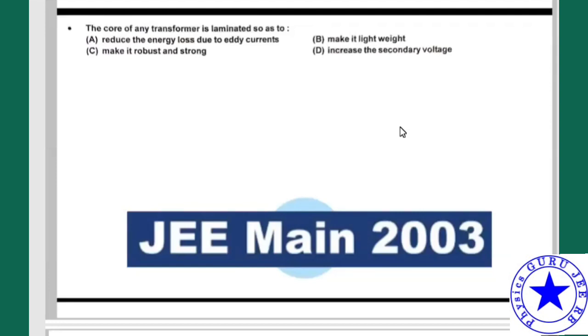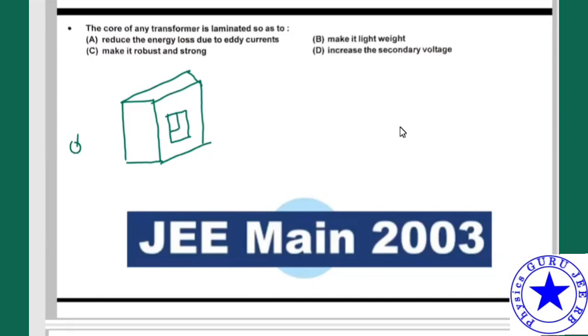So let me look at a non-laminated core. When it is not laminated, let me draw the diagram here. This is non-laminated, and the flux is a function of time here.